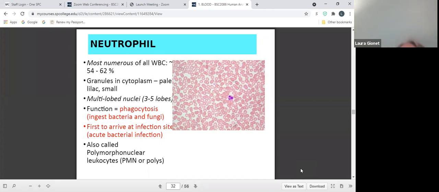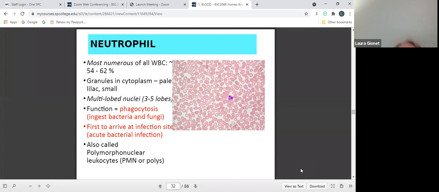The cytoplasm is generally light lavender in color, and there are granules there, but not as abundant as in a basophil. The nucleus is multi-lobed, about 3 to 5 lobes. They function in phagocytosis, and that's why they're so abundant. They're rather small white blood cells.